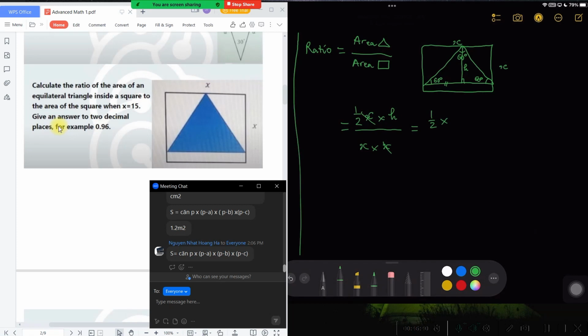So h here is going to be square root of 3 divided by 2 of the small little side here, so it's going to be x divided by 2, because this one is x divided by 2, right? Cái khúc này là nó sẽ có quan hệ gì? Căn 3/2 thôi, tại vì góc 60 độ này, this is 60 degree.